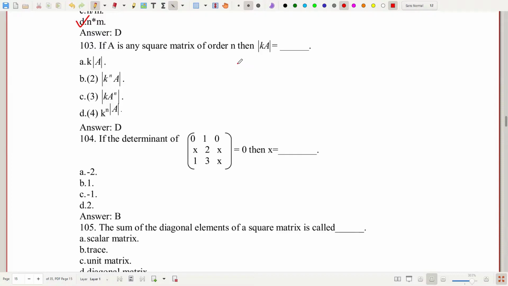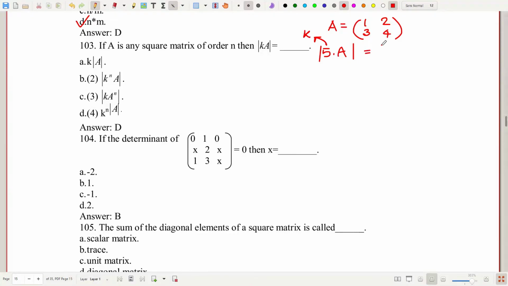Suppose we have a square matrix A with entries 1, 2, 3 and 4. Then we have 5 into A, that means 5 is here considered as small k.